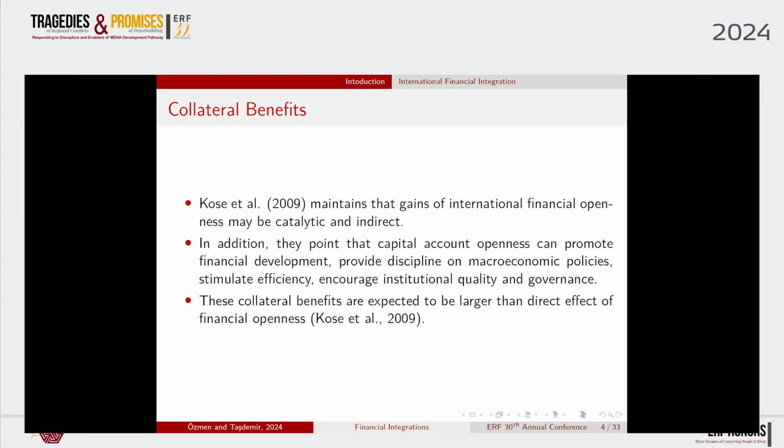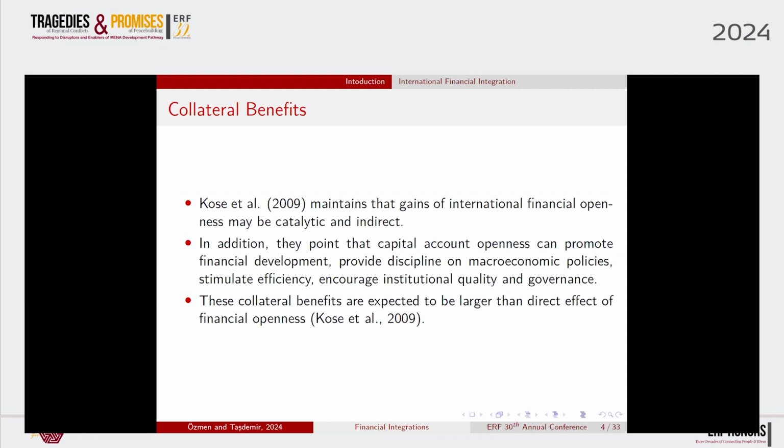According to the literature, the bulk of the literature does not find a robust relationship between capital flows and economic growth. According to Kowsar, this is because financial integration affects economic growth mainly through indirect effects.